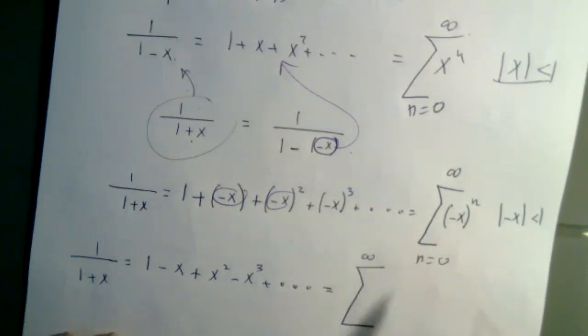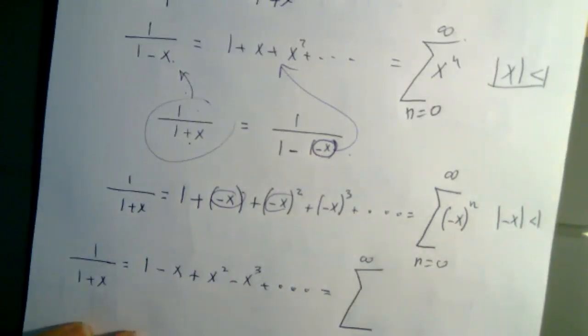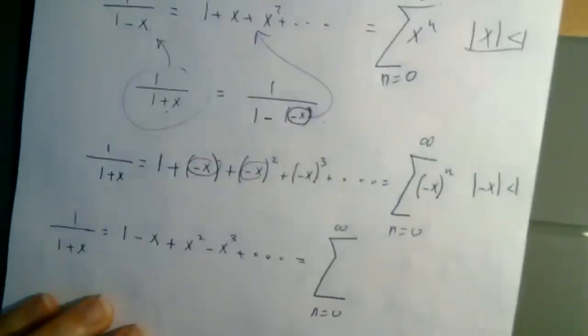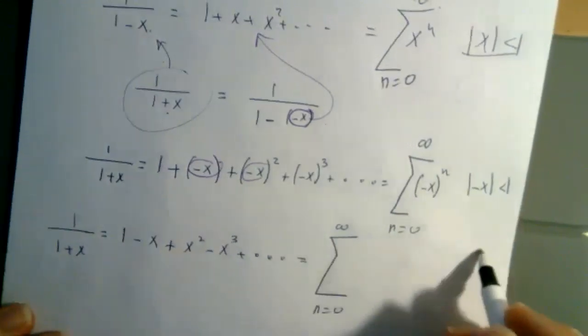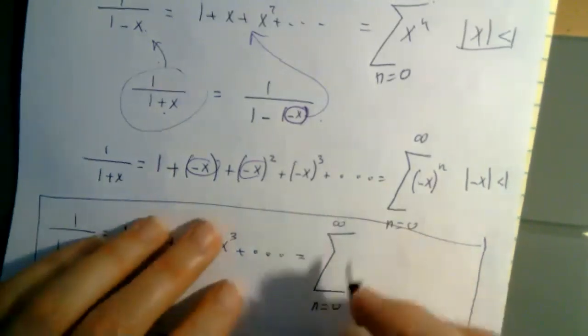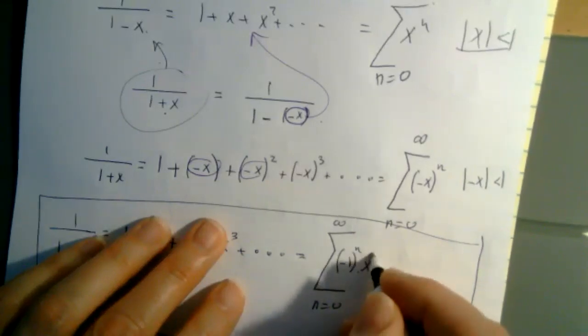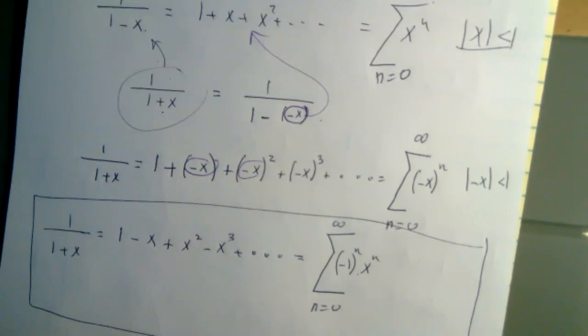Now minus x to the n, how can I rewrite it as like c n x to the n? I mean, how can I take this minus out of this parenthesis? How do you think? I'm going to rewrite it as minus 1 to the n x to the n. Okay, that's how we can do that.